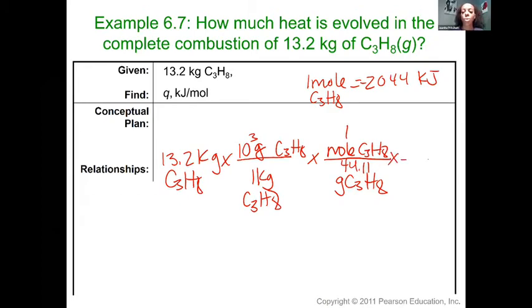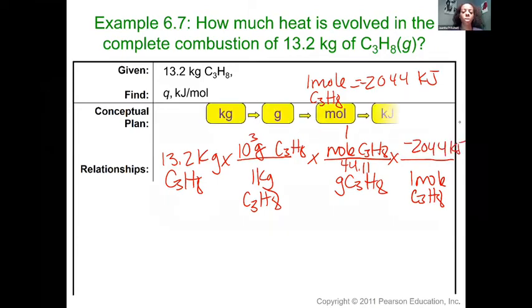And now is where we can implement this ratio, that 1 mole of C3H8 is to negative 2044 kilojoules. And so now if we plug this in, we have 13.2 times 1,000 times negative 2044 divided by 44.11.